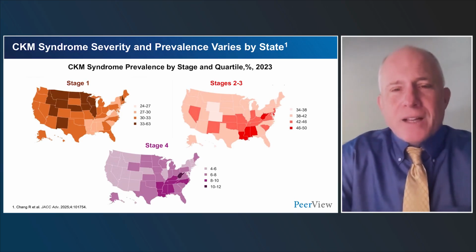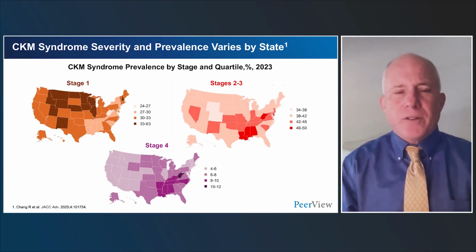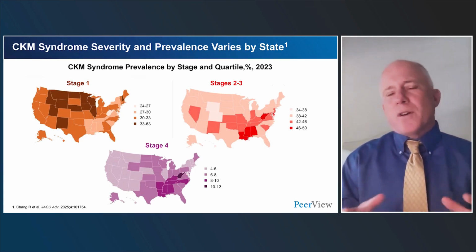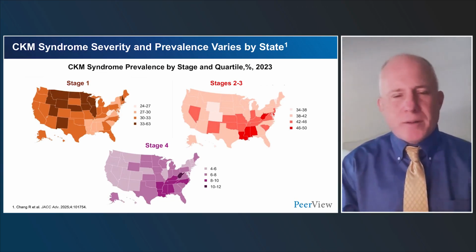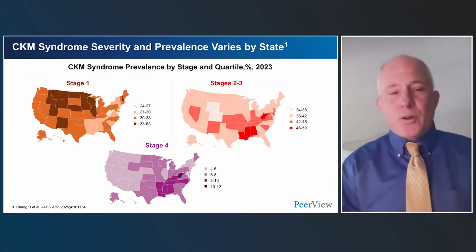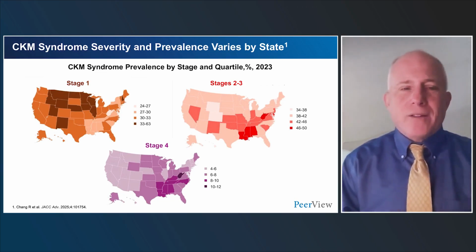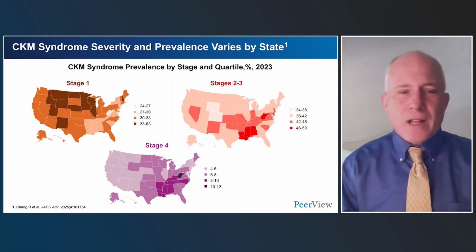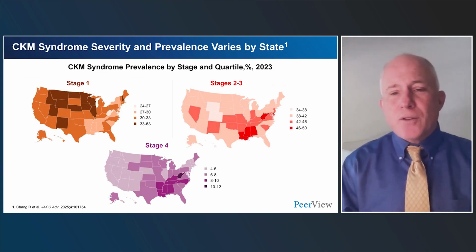And then just highlighting that while we know there are some common risk factors as it relates to CKM, we're going to start seeing maps that look very similar to the obesity maps that we saw in the previous decades, and even the diabetes belt maps. And so you can highlight here that based upon the darkness, the rates of people with CKM stage 1 on the far left, those with stage 2 or 3 in the middle, and those with stage 4 on the right.